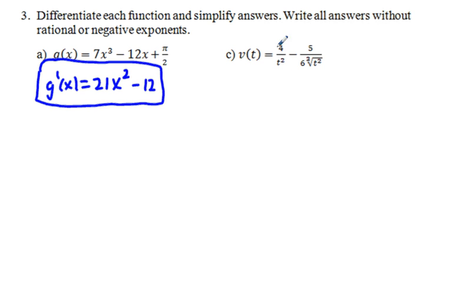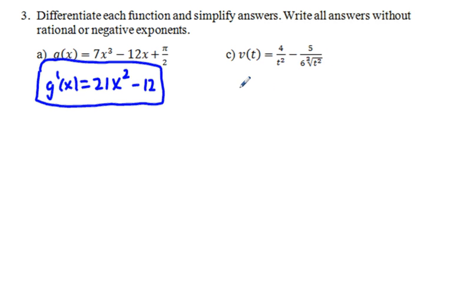All right, part B. This time we have v of t equals 4 over t squared minus 5 over 6 the cube root of t squared.